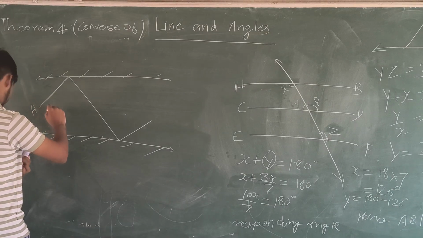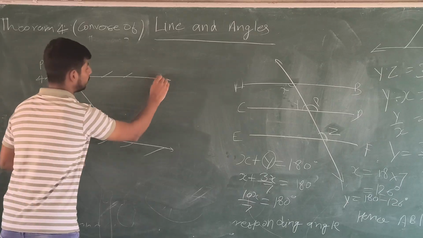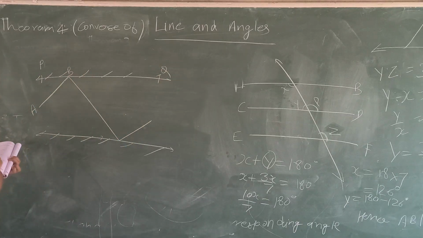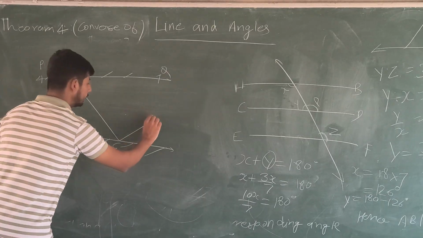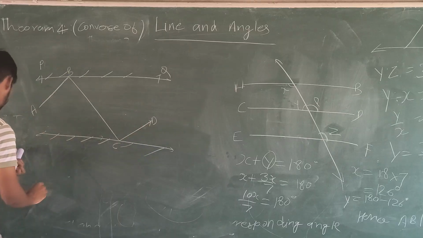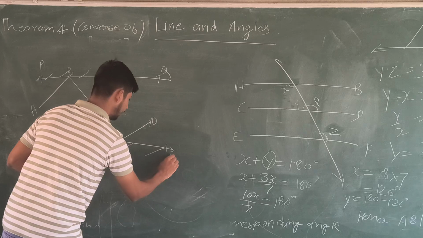This one is AB. This mirror is PQ. This is BC and this is CD. And this mirror is RS.